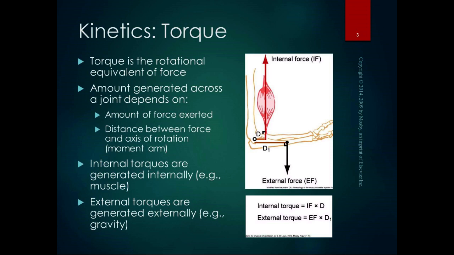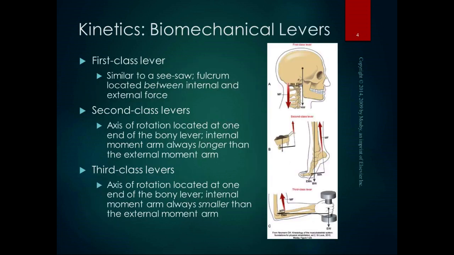Internal torque is a lot of times called force, and external torque is called resistance. But we'll see when we do lever analysis that sometimes the internal force is dominant, and sometimes the external force is dominant, depending on the type of muscle action that you're doing.